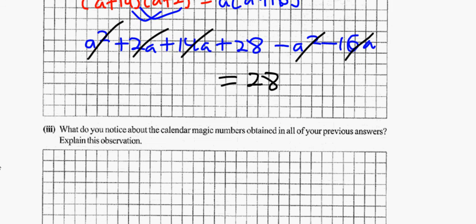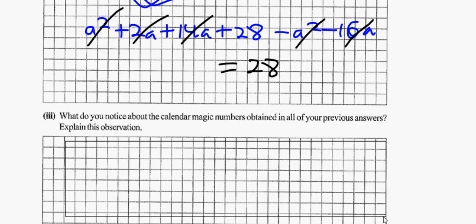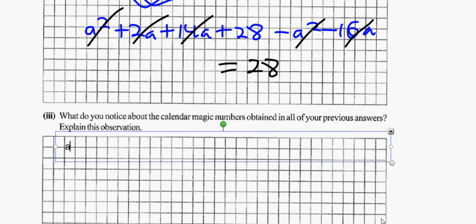What do you know about the calendar magic numbers observed in all your previous answers? Explain this observation. What we can say here is basically all of the magic numbers are the same.